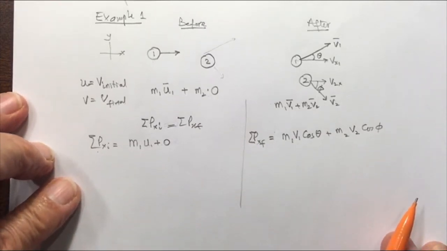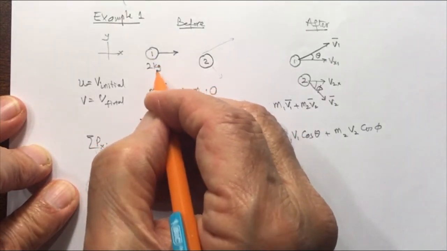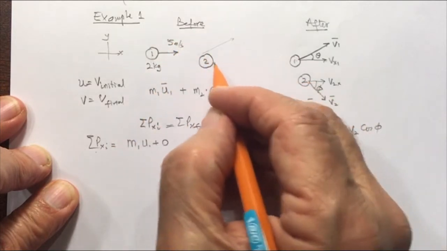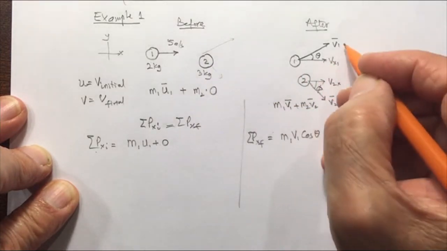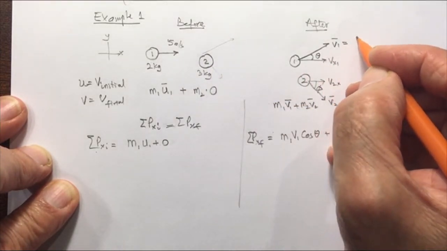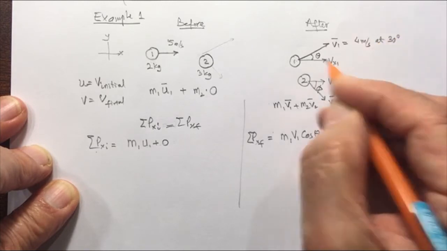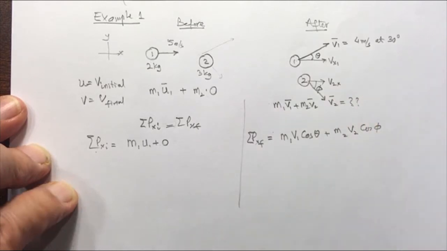Now it'll get a little easier if you take some numbers. So let's say this is 2 kilograms and this is 5 meters per second, and this is 3 kilograms and stationary, and v1, let's say, is 4 meters per second at 30 degrees, so this becomes 30, and this is unknown.